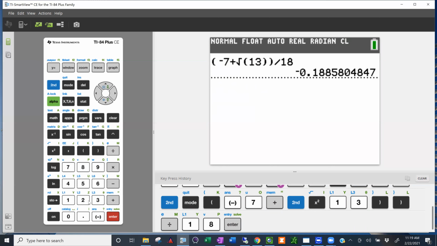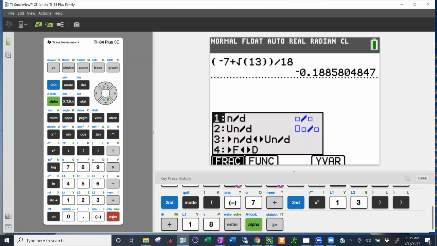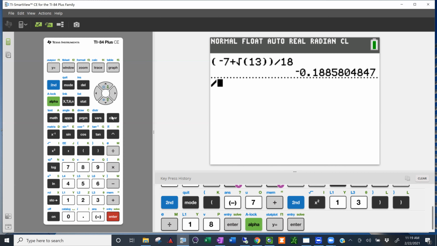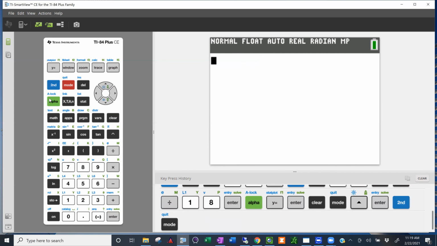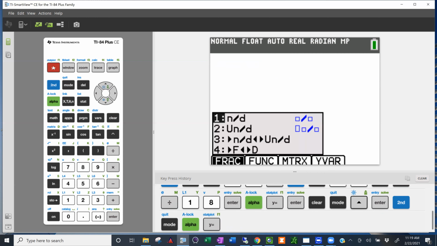And I don't want to belabor this too much, but if you have a nice up-to-date TI-84, there's one last possibility. If you hit the alpha key here, not the second key, but the alpha key, alpha y equals, rats. I got to do this in the right mode. So do it in math print. Let's try that again. Alpha and then y equals.